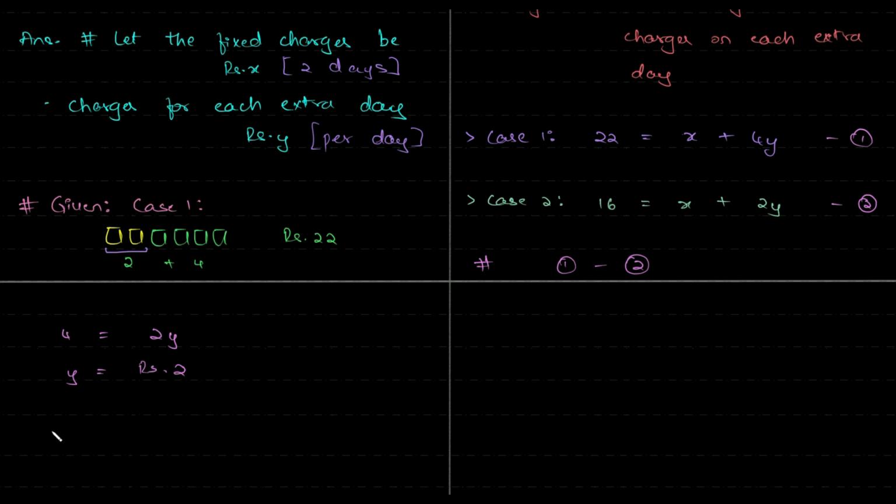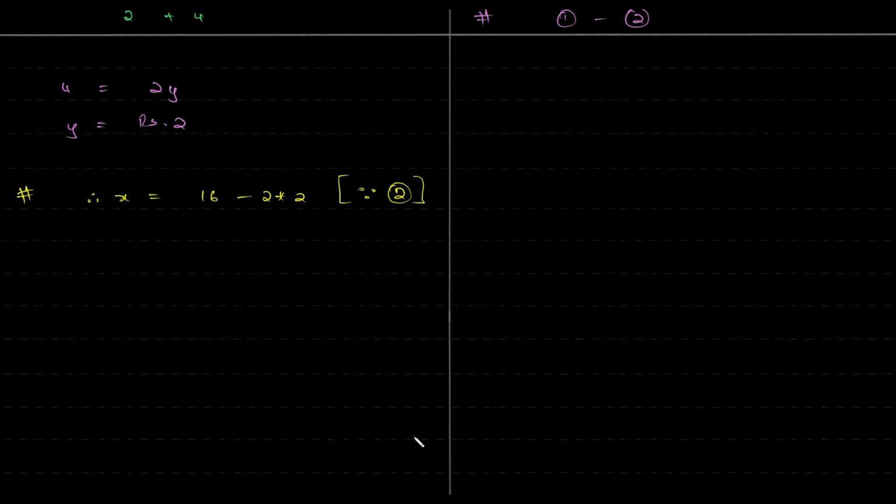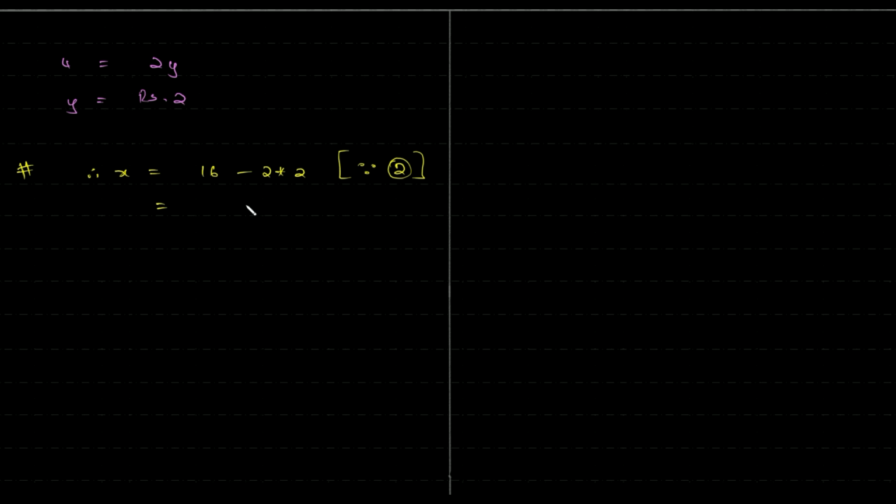Therefore X is equal to, I'm going to make use of equation 2, 16 minus 2 times 2. This information is from equation 2, so this is 16 minus 4, which is rupees 12.